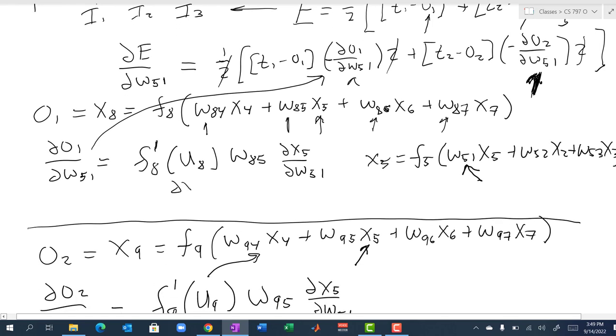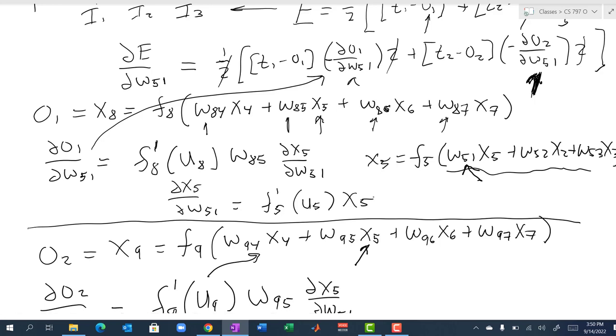The derivative of x5 with respect to W51 is f prime 5, and then all the stuff inside there is U5, the net input, and then going inside we have W51. The derivative of W51 with respect to itself is 1, and so we get x1 left over here.